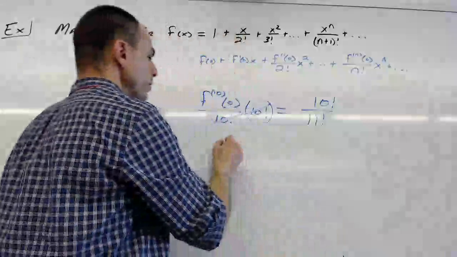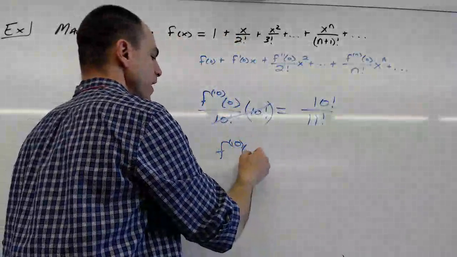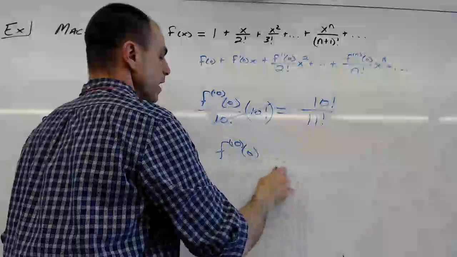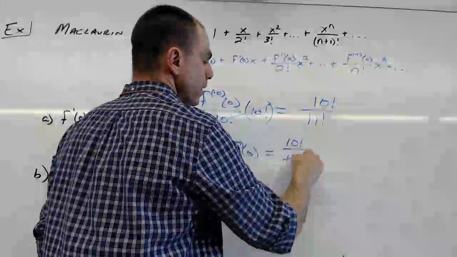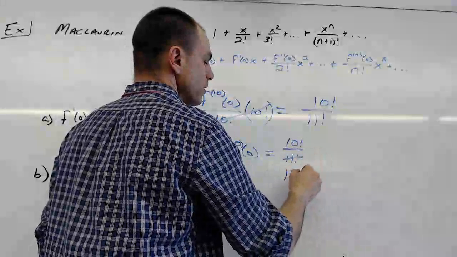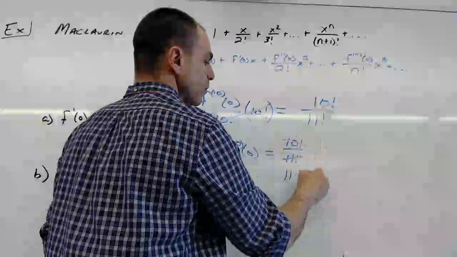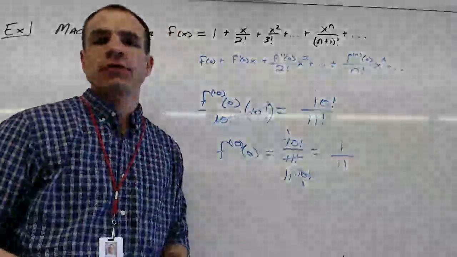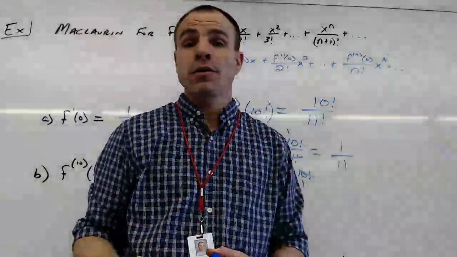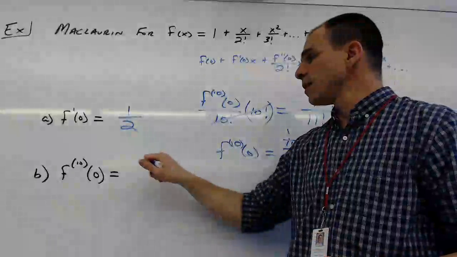So what you end up having is the 10th derivative of f at 0 is equal to 10 factorial over 11 factorial. And we know that 11 factorial is 11 times 10 factorial. So we actually have just 1 over 11 as our answer for the 10th derivative of f evaluated at 0.